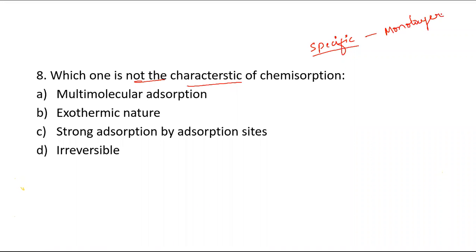Only a single layer can be formed. Since physical adsorption is non-specific, it can form multimolecular adsorption. Therefore, multimolecular formation is not the characteristic of chemisorption. It is the characteristic of physisorption.